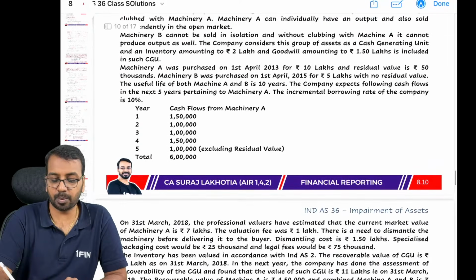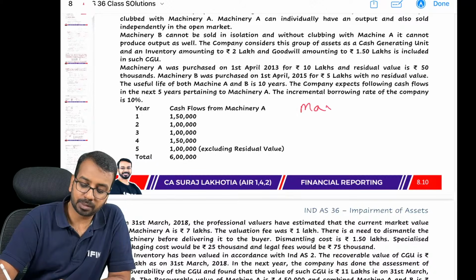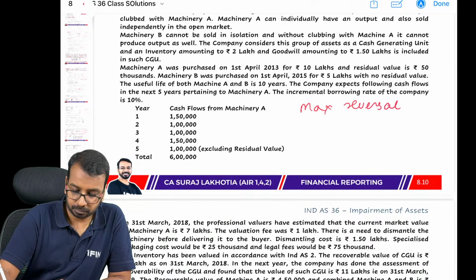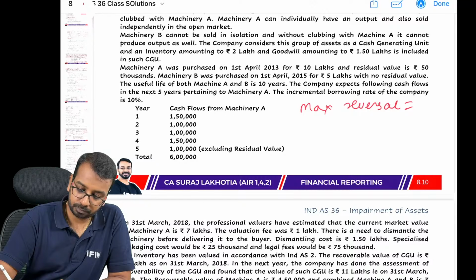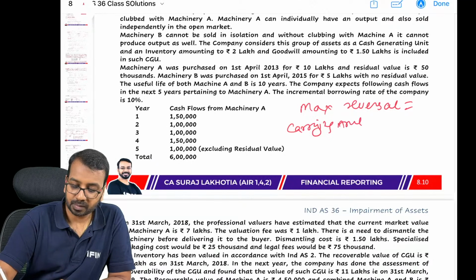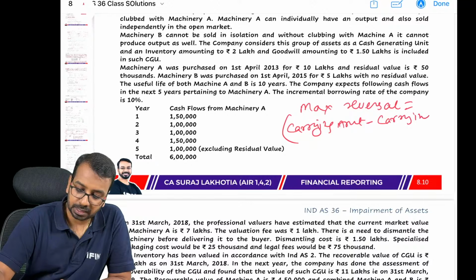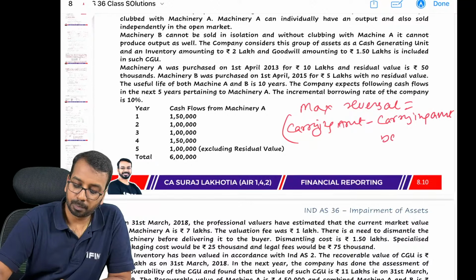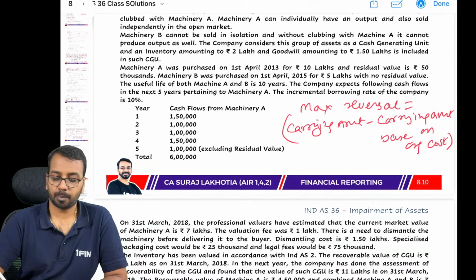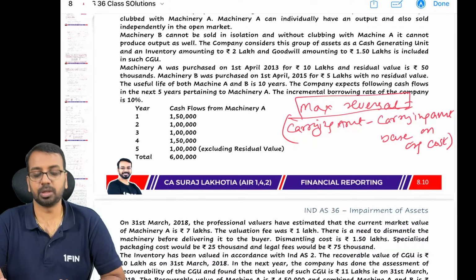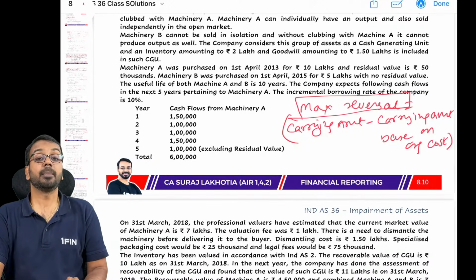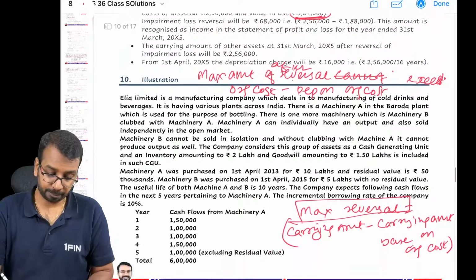So how much will be the maximum amount of reversal? Maximum reversal is equal to carrying amount minus carrying amount based on original cost. So maximum reversal can be only this. Okay, that is what you have to keep in mind. Make a separate note of this.